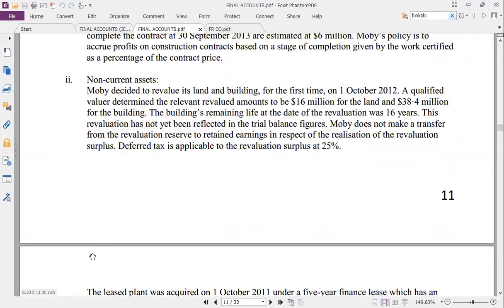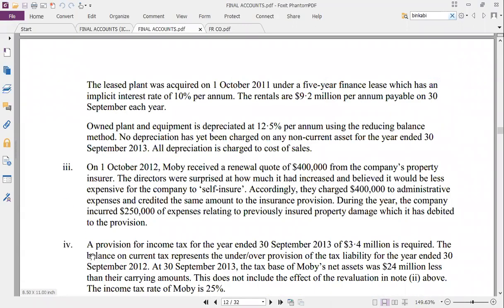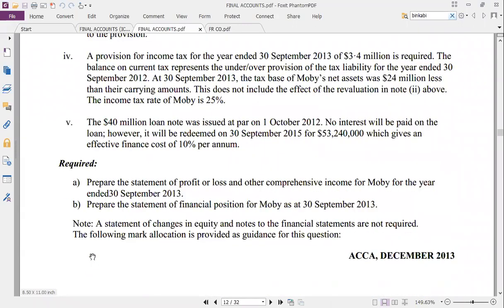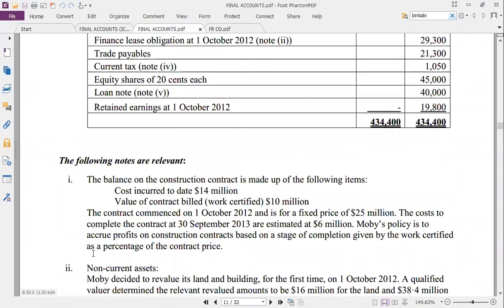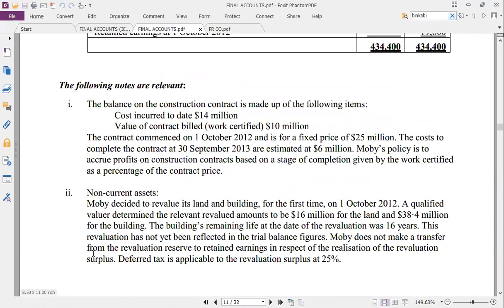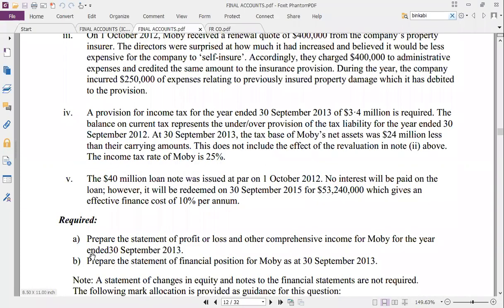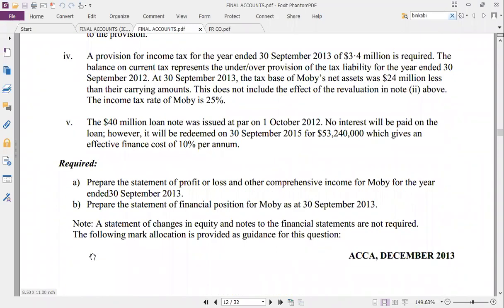Okay, Mobi. Let's go to the requirement first. Prepare a statement of profit or loss and other comprehensive income.